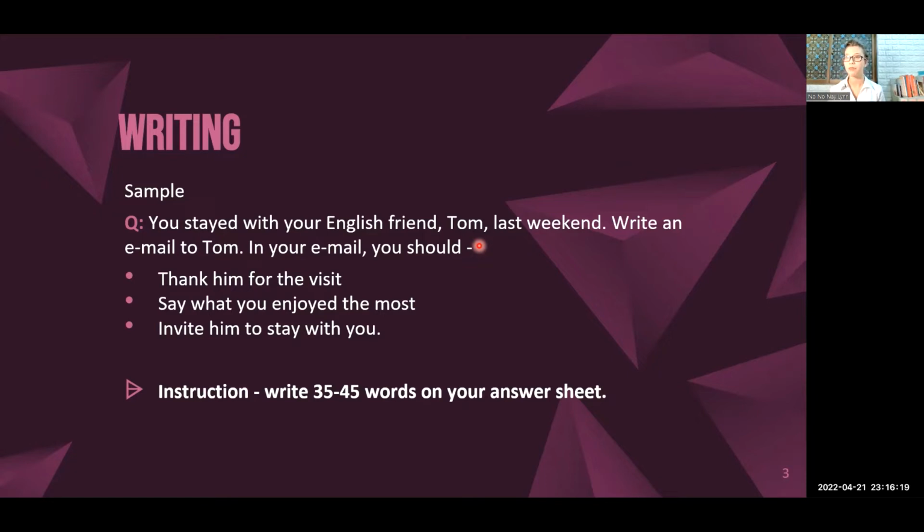So you have to be very friendly. You have to include the style of being very friendly, very lighthearted, very fun. These types of expressions must be in your email, and this is the appropriate style to put into your essay.